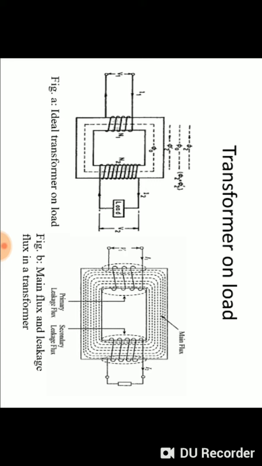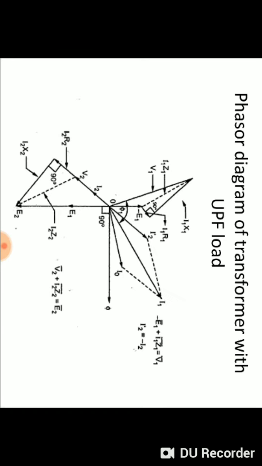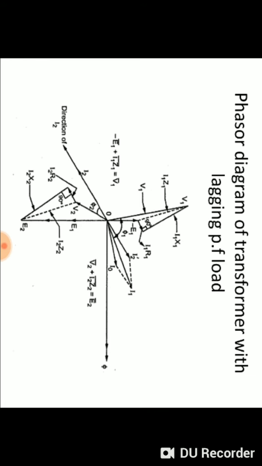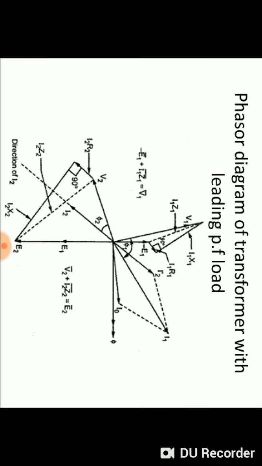Now see, when load is connected, it has these phasor diagrams depending on various power factors. This is the phasor diagram when a unity power factor load is connected, that is, a resistive load. This is for lagging power factor, and this is for leading power factor load.